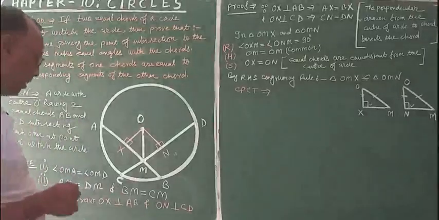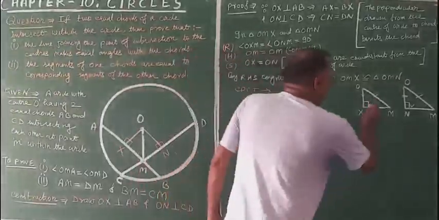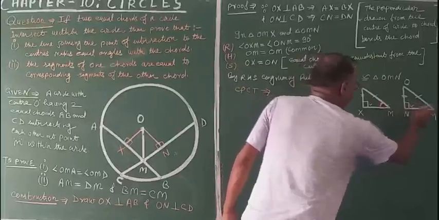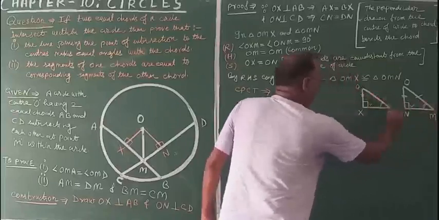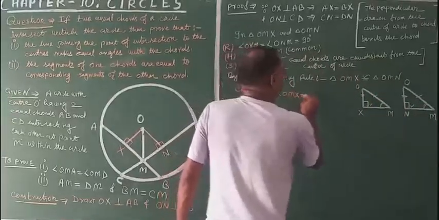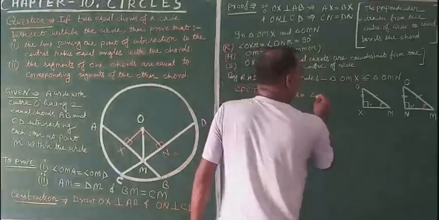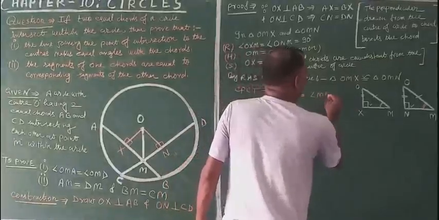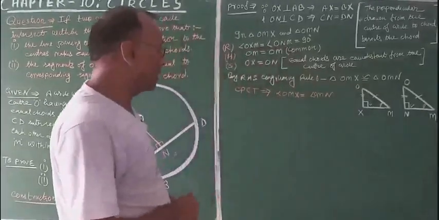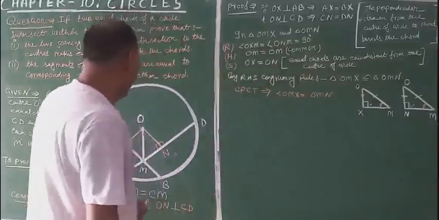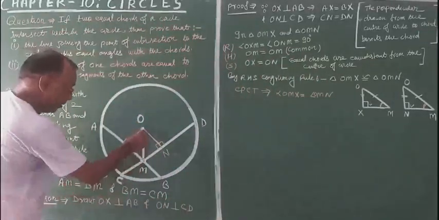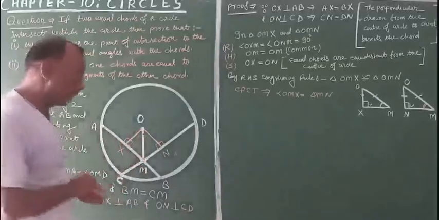Now this angle, and which angle is here? Just at the side, angle OMX will be equal to angle OMN. OMX means this whole angle OMA.